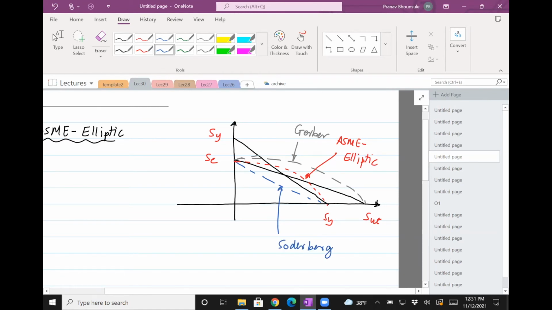So those are all the lines. This is, of course, the Goodman, Langer.